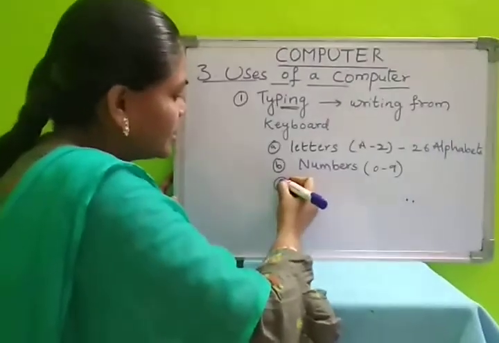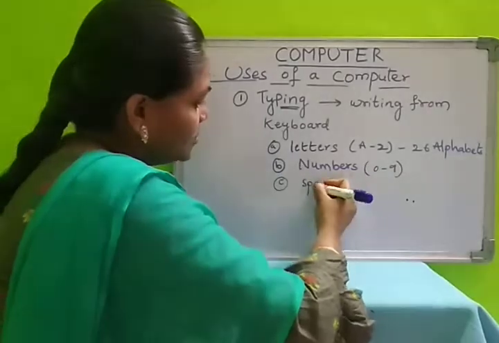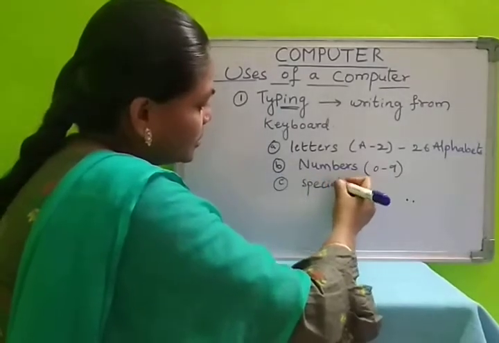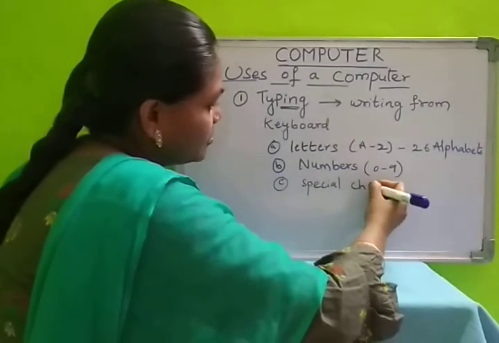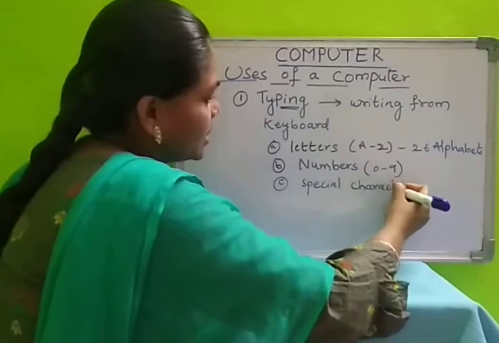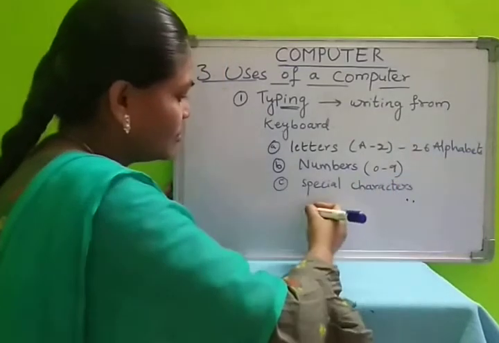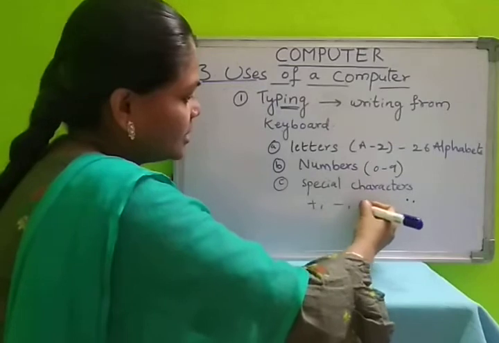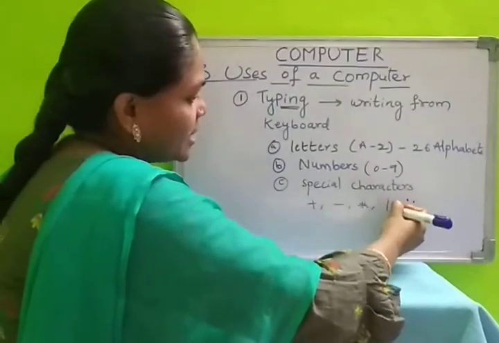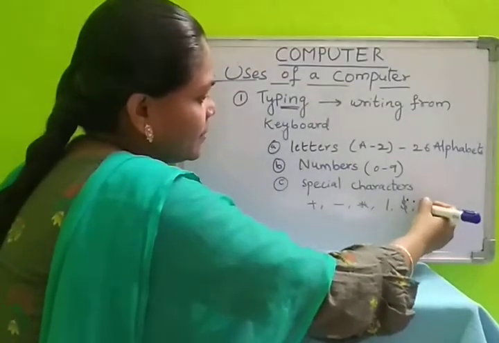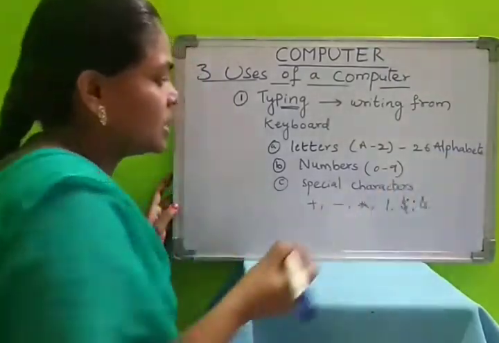Some special characters are also there. Using the keyboard you can type different special characters. What are those special characters we can see on the keyboard? Plus, minus, star symbol, slash symbol, dollar symbol, ampersand. All these are special characters.